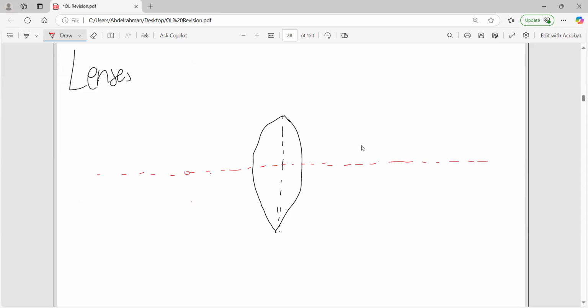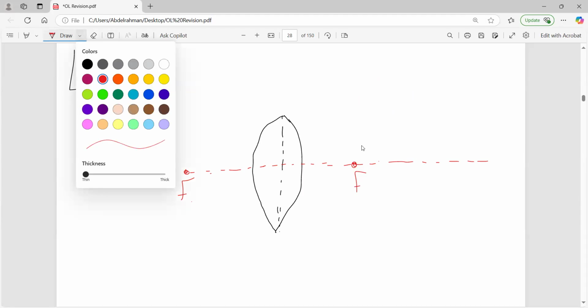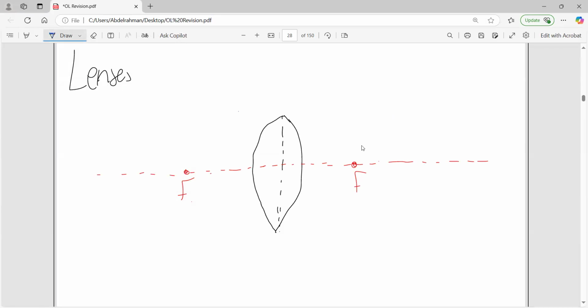Then we have two points on either side of the lens, which are the principal focuses. The distance between the principal focus and the lens is called the focal length. It is the same on either side.